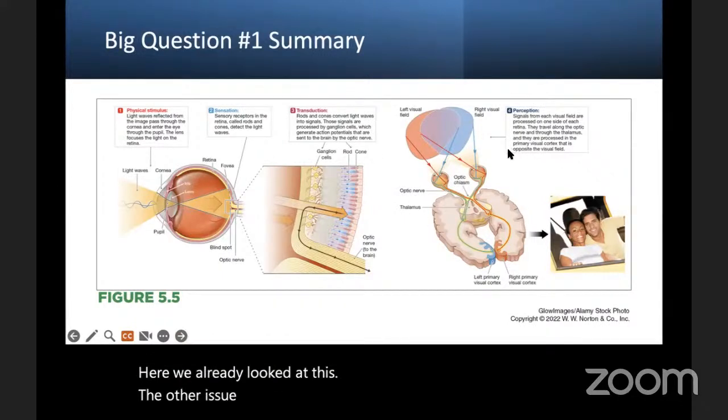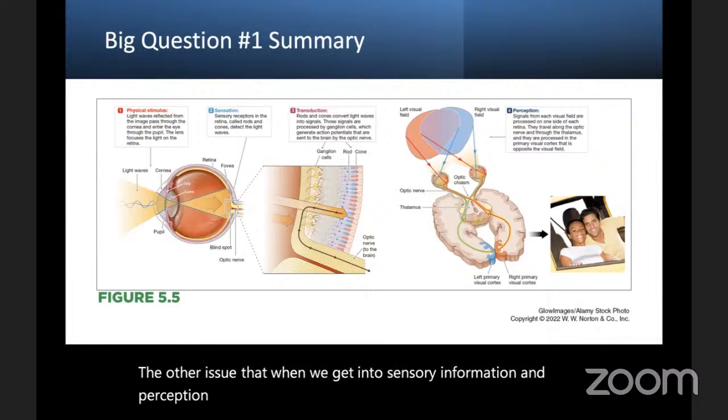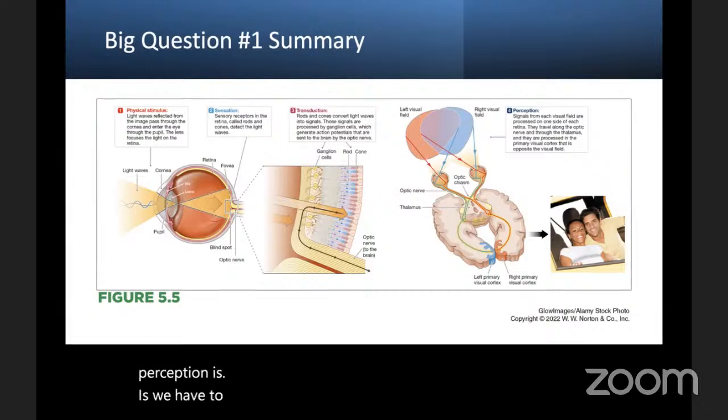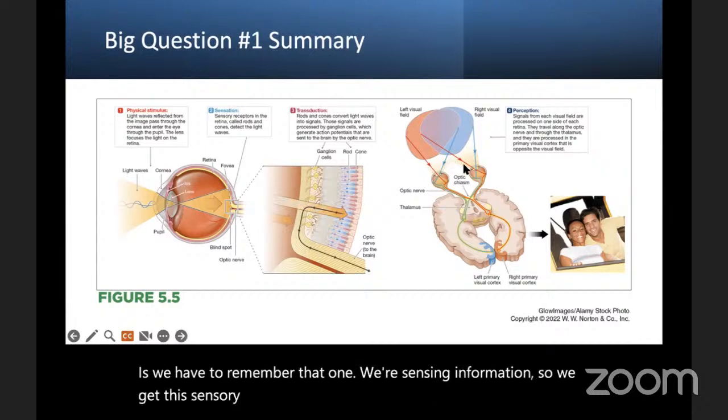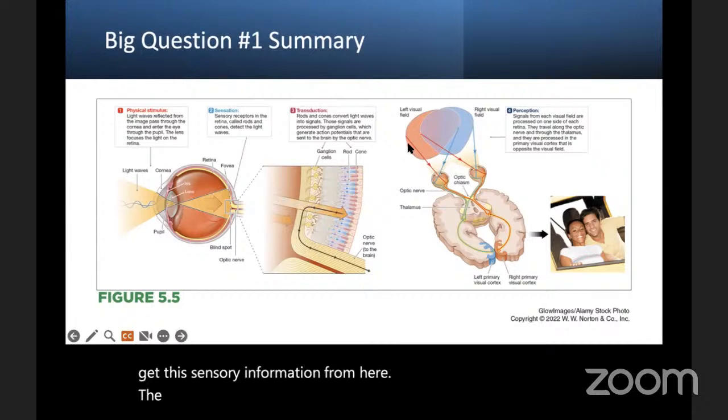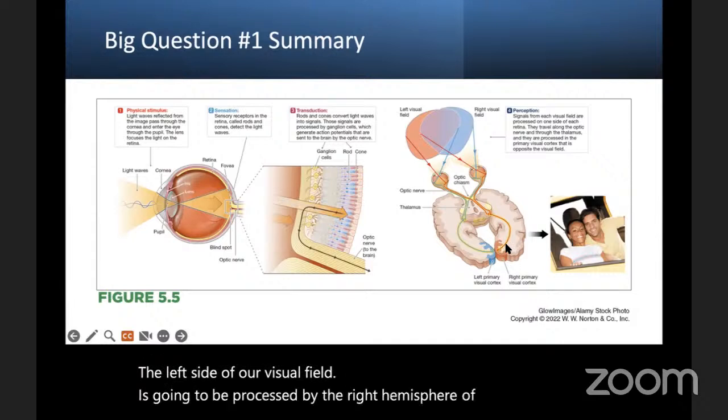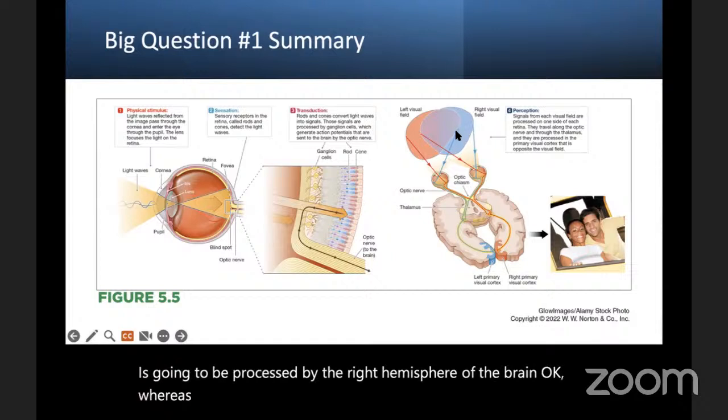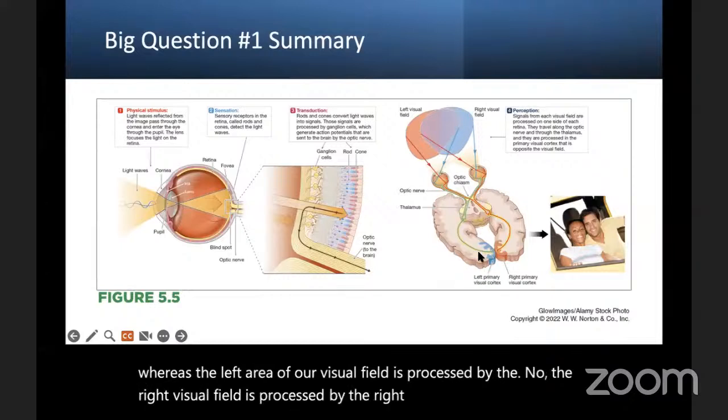The other issue when we get into sensory information and perception is we have to remember that when we're sensing information, the left side of our visual field is going to be processed by the right hemisphere of the brain, okay? Whereas the right visual field is processed by the left lobe.